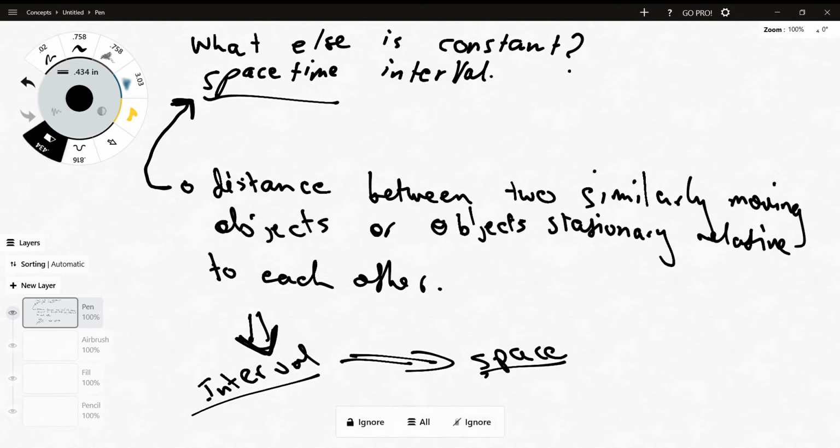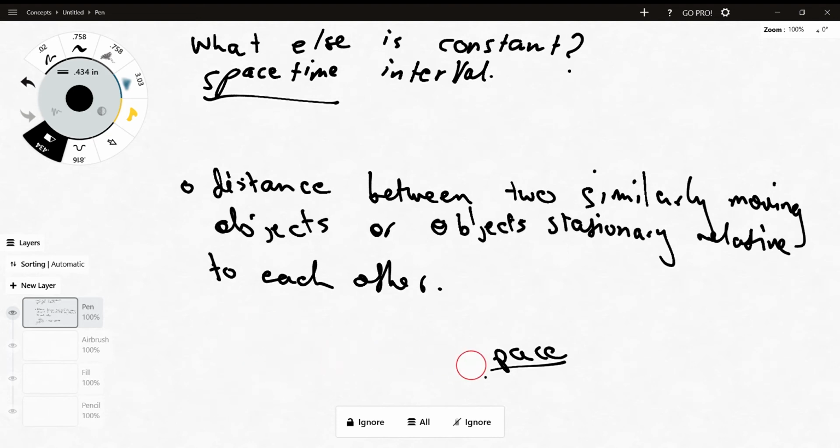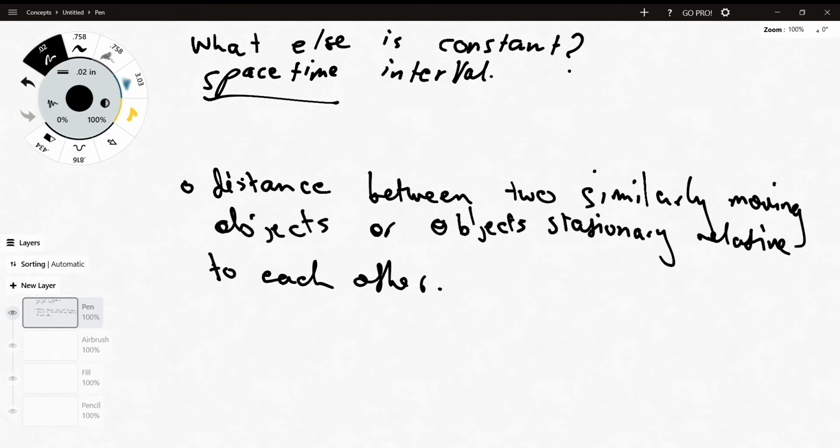And it kind of establishes that time dilates and length contracts in that ratio or level of proportionality.